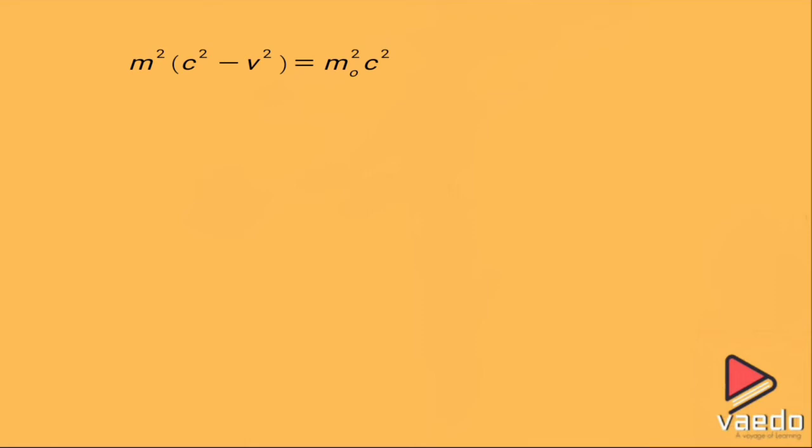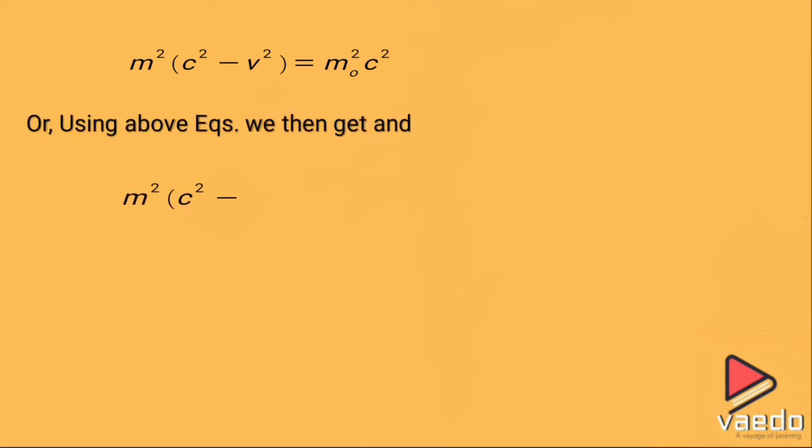Now the next step is to differentiate this expression on both sides. So the result will be m square in the bracket c square minus v square equals m naught square c square.